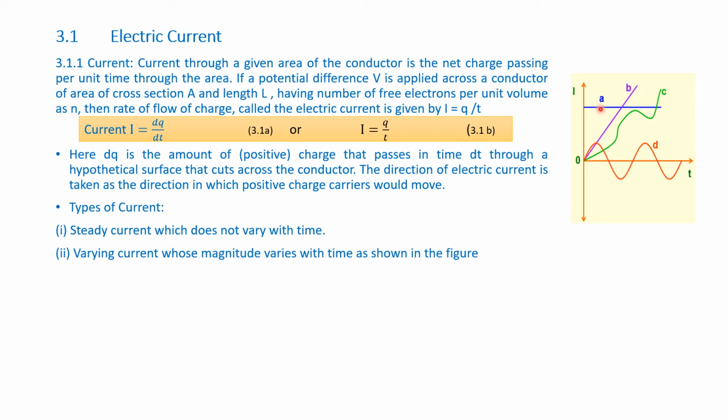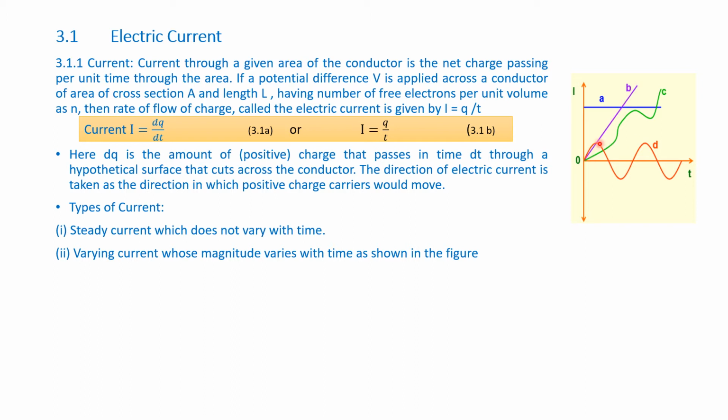Then in case 2 we have varying currents whose magnitude varies with time as shown in the figure. See, here is time on the x-axis and current, and three different forms of current are given in curves B, C and D. A straight line under figure B. So here, in the straight line, the current is increasing with time.